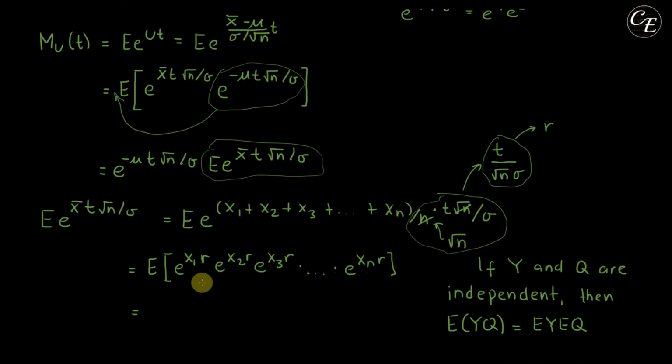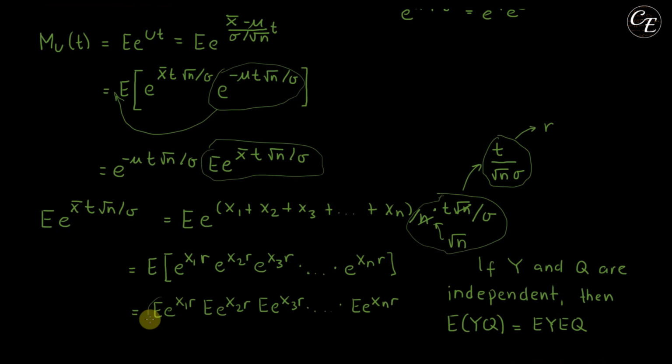Then treating these terms as random variables and applying this for more than two random variables, we can distribute this expectation for each term, like what was done in here. So we have the expectation of e raised to x sub 1 r times the expectation of e raised to x sub 2 r times the expectation of e raised to x sub 3 r times etc. until the expectation of e raised to x sub n r.